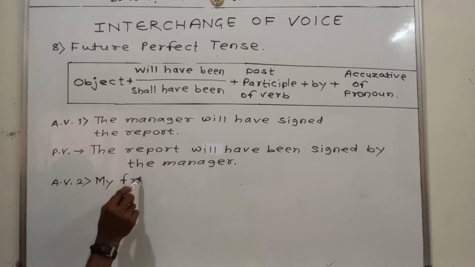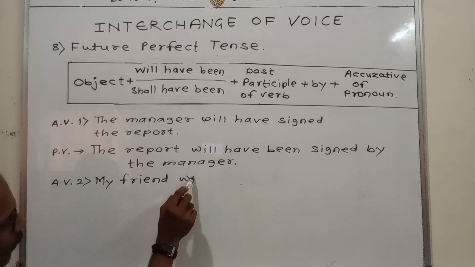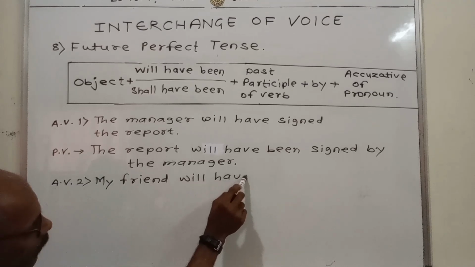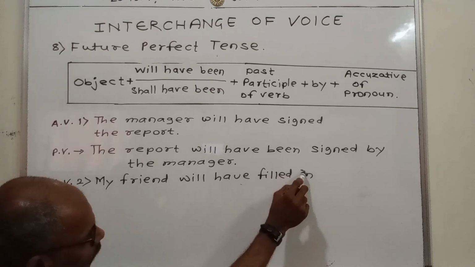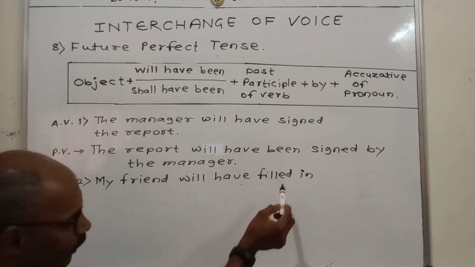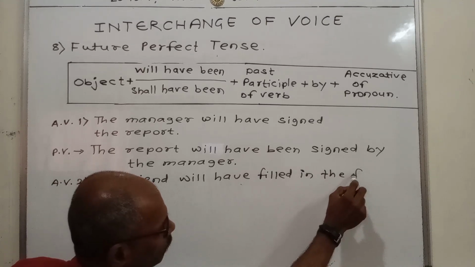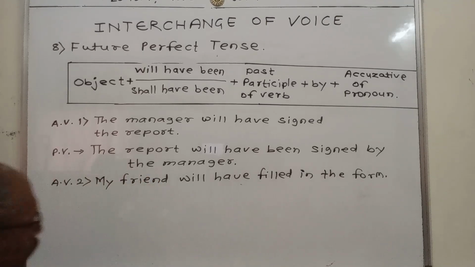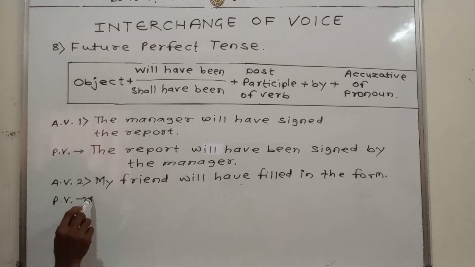Okay, then second, active voice: My friend will have filled in the form. Filled in is our verb. Okay, then passive voice. Tell me the passive voice. The form, not from.